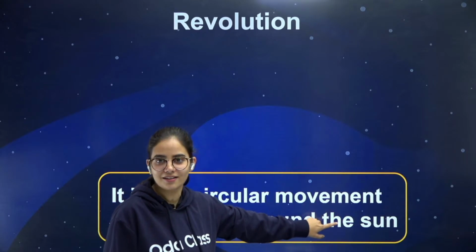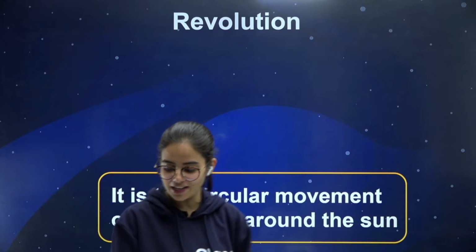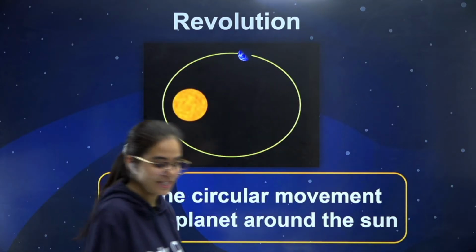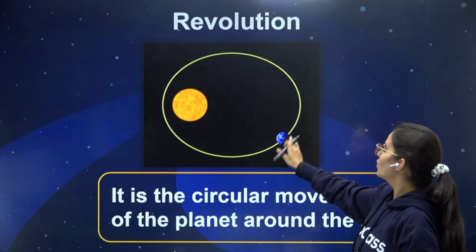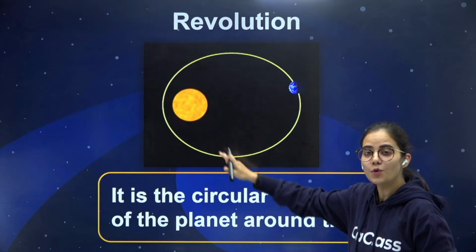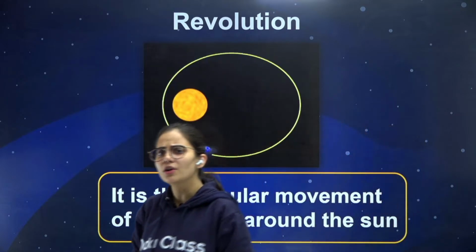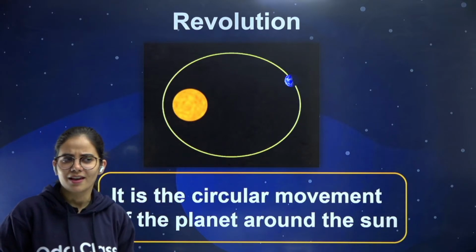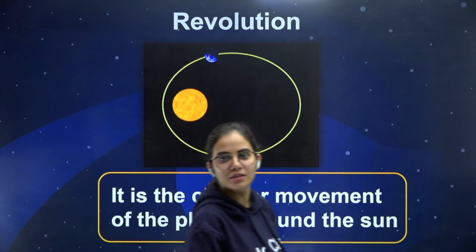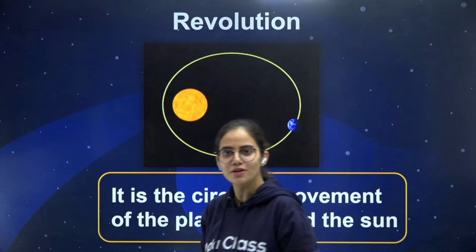And here it's the sun. So Earth is moving round and round the sun, and that is revolution. So we can see it happening here, isn't it? So what is the Earth doing? Earth is moving around the sun, and so will all the other planets. So this movement is revolution. What will happen with this kind of movement? Well, it will cause us the different seasons that we experience.